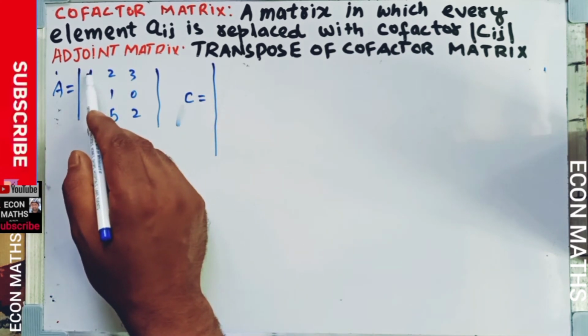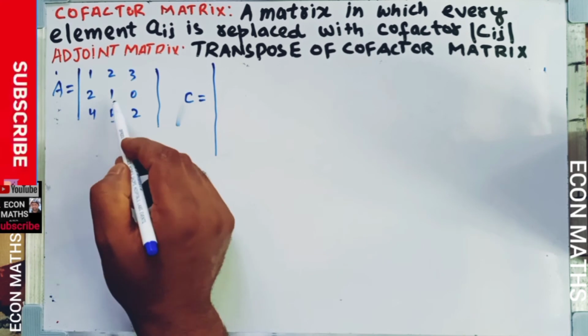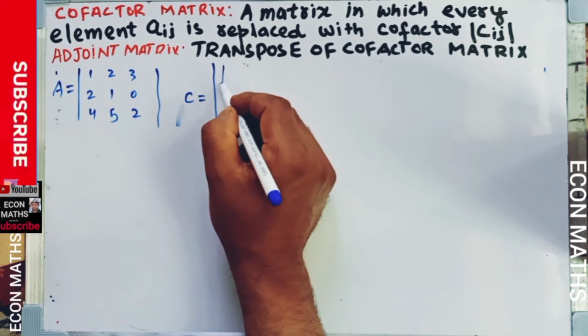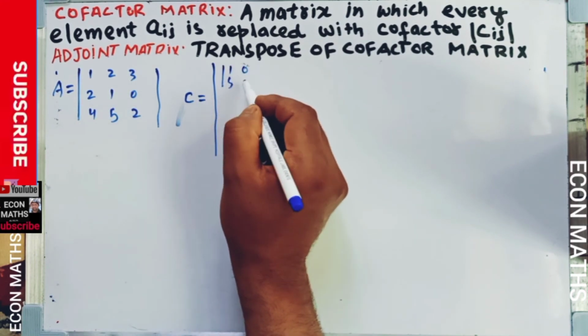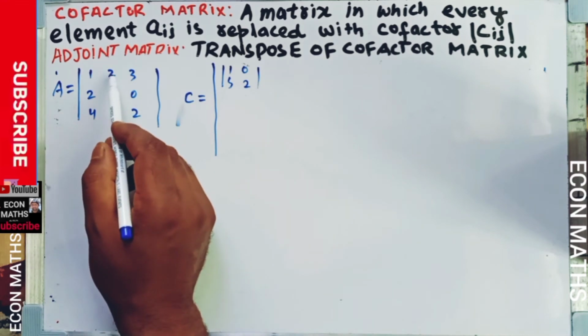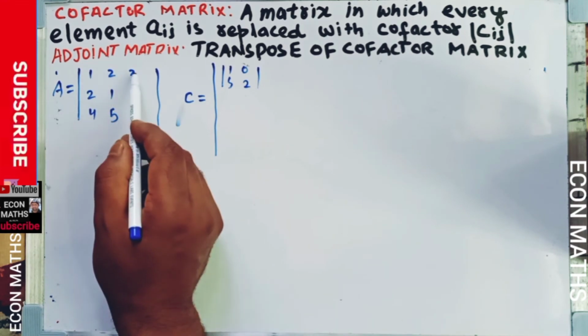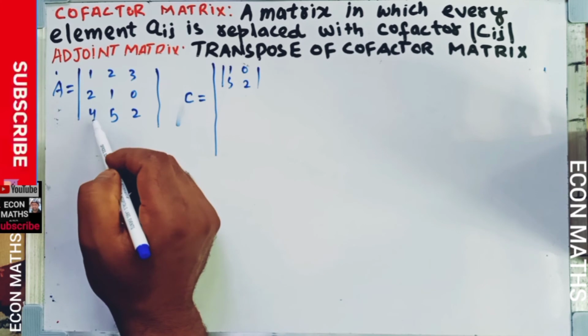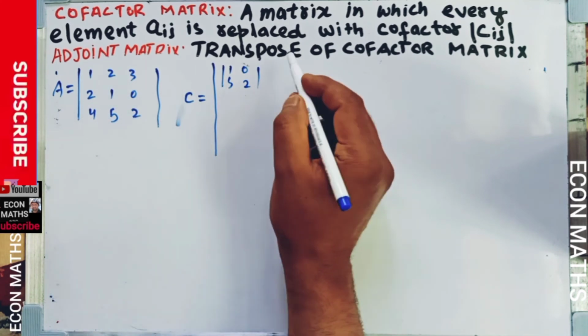The cofactor of the first element is, delete this row and this column, 1 5 0 2. Similarly, for the 2 here, delete this row and the column, we get 2 4 0 2.